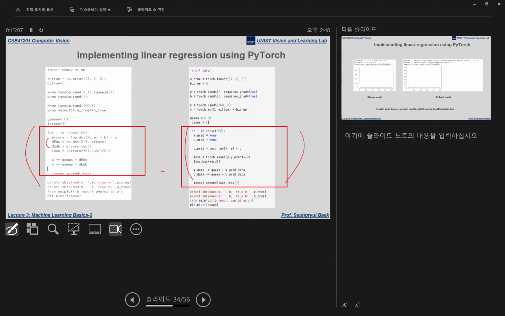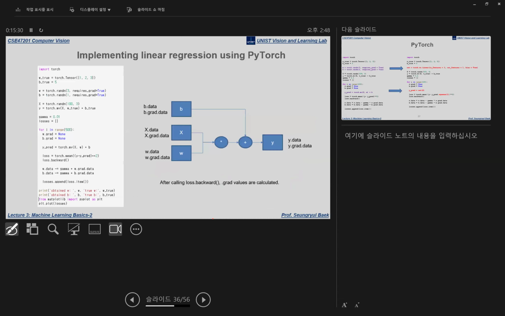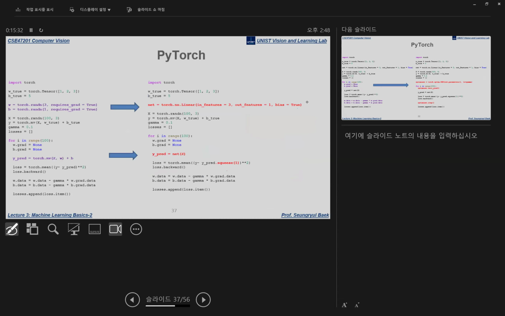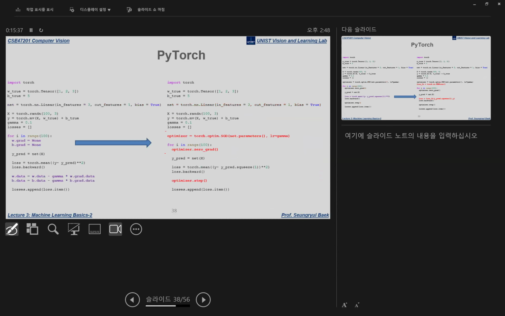But in PyTorch, you don't have to do that. loss.backward automatically calculates all the gradients inside the constructed graph, and you don't have to care about the gradients. And we can also simplify this type of code further. I already showed that, and explained that we can simplify the remaining PyTorch code.